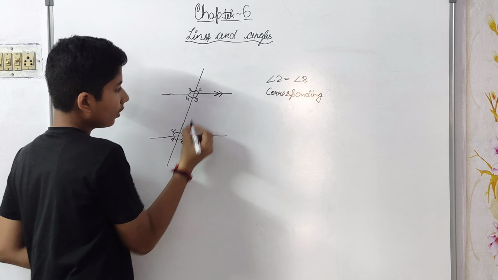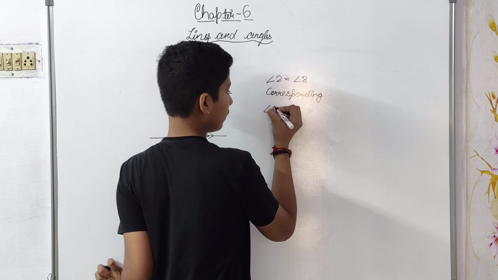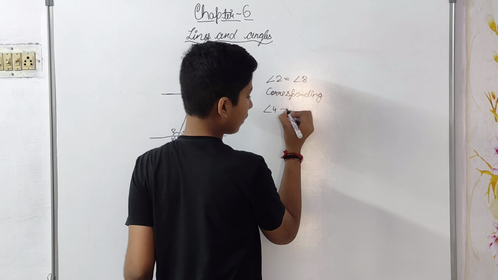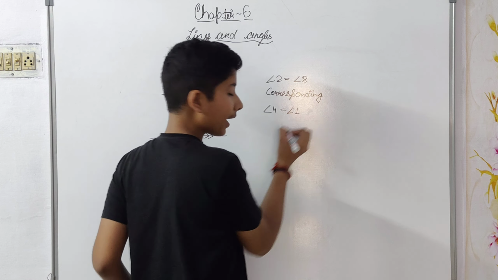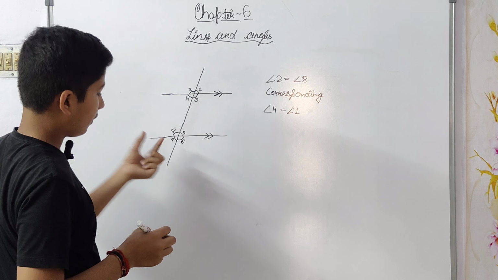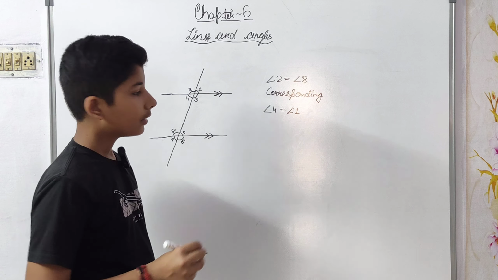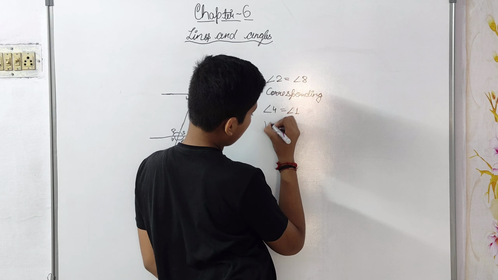Now, angle 1 and angle 4 are equal. Angle 2 and angle 3 are equal. Angle 5 and 7 are equal, and angle 8 and 6 are equal. This is known as vertically opposite.